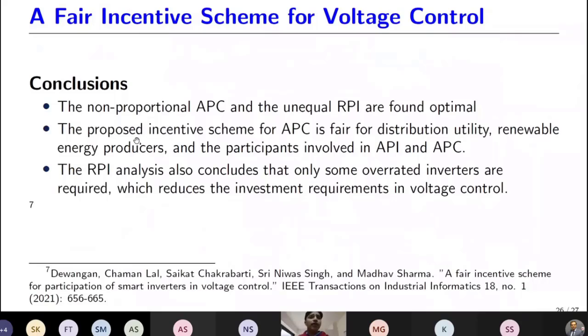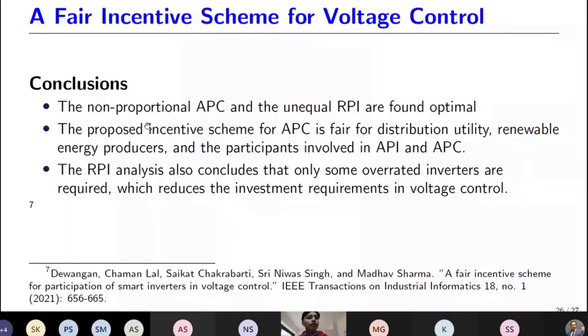So the conclusion of the analysis is that unequal active power curtailment and unequal reactive power injection are found optimal. This analysis shows that only some inverters with active power curtailment control or reactive power injection control at the extreme nodes are sufficient to control the voltage of the system.